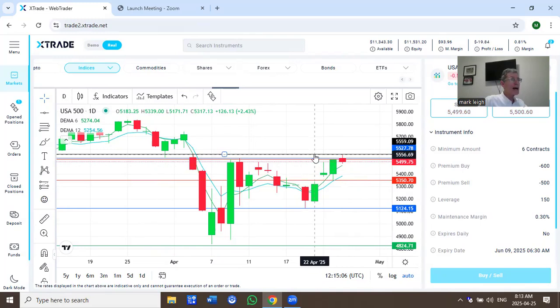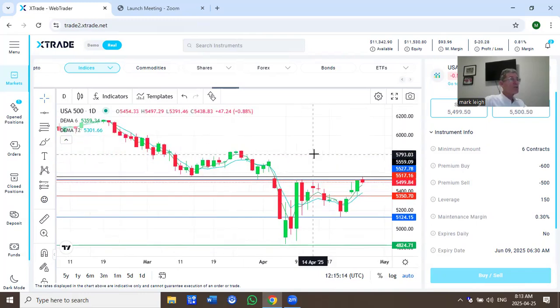I did put in just above this resistance, I went one higher, being today's resistance at 5,556, which could be relevant. And I'm saying that because if you scroll out, this resistance area of 5,556, which it's touched today, was a support level on the 13th of March last month.